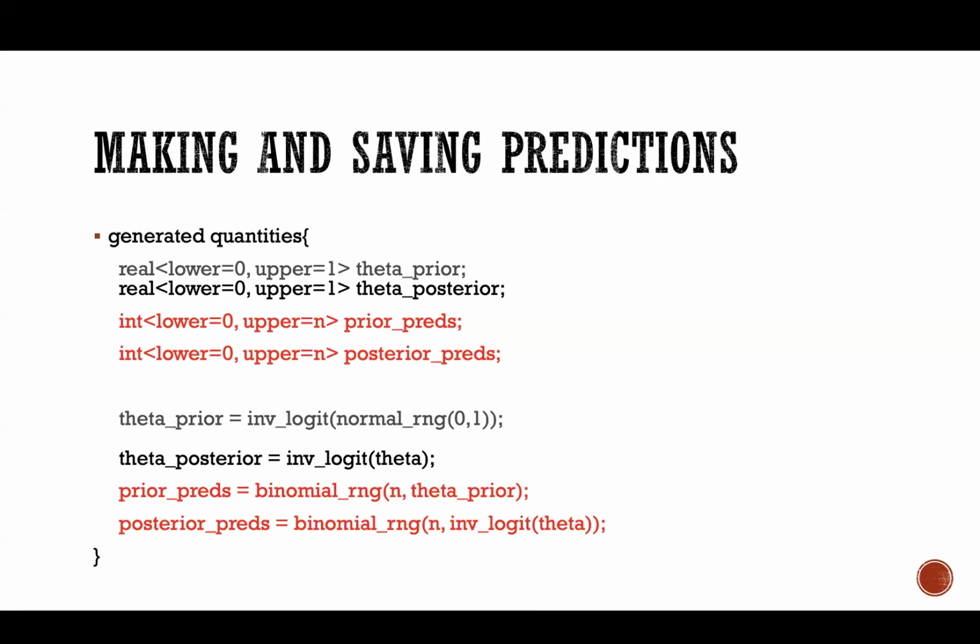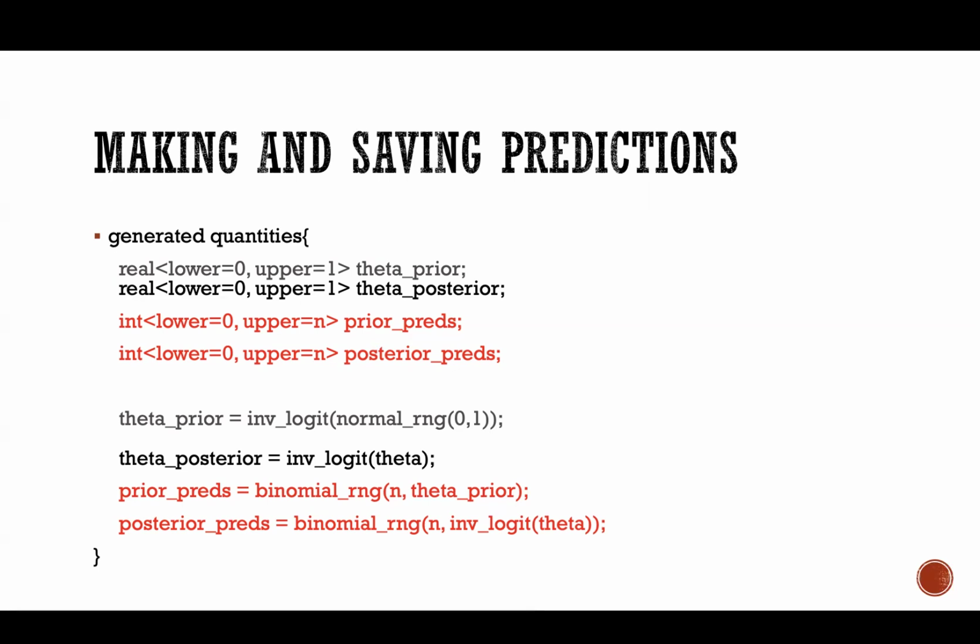Then we also generate these predictions. How do we generate them? Here it's easy; sometimes it's a bit more complex. Basically we go to the model, we look at the likelihood function, and instead of the binomial LPMF, the log probability mass function, we use the RNG, the random number generation.